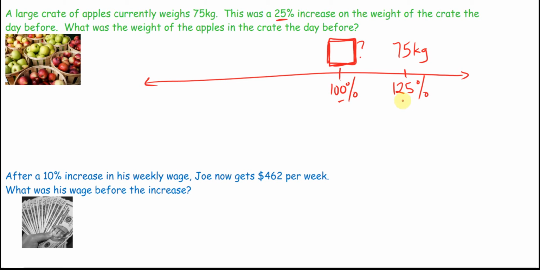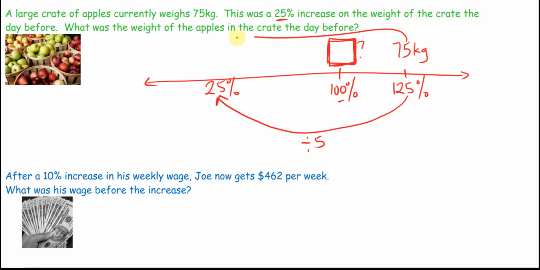So if I've got 125% and I've got 75 kgs, I can see that both of those two numbers are nicely divisible by 5. So if I divide 125 by 5, I will get 25%. And I must also divide 75 kgs by 5 as well.